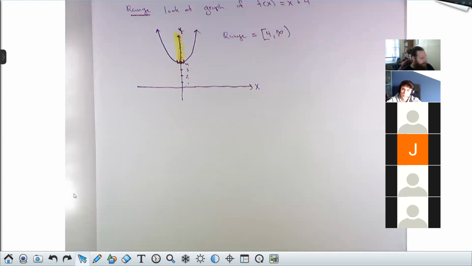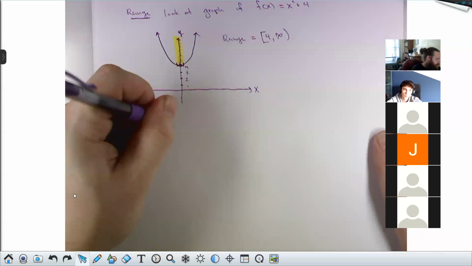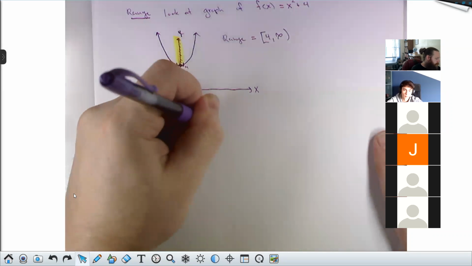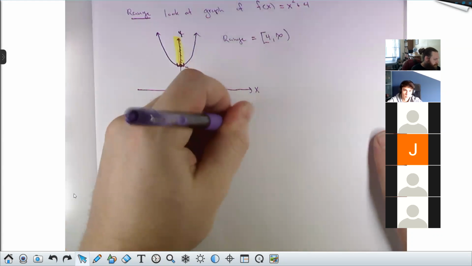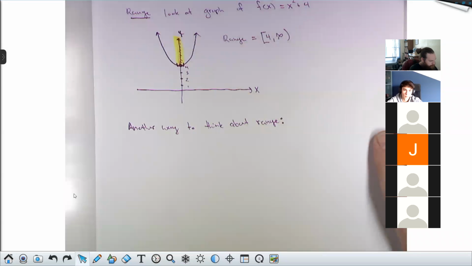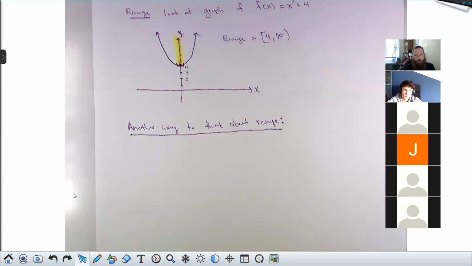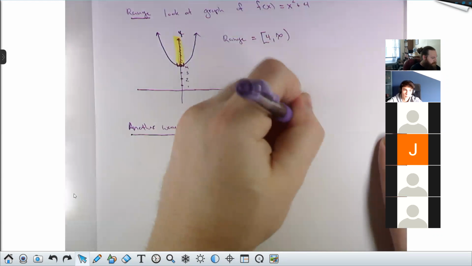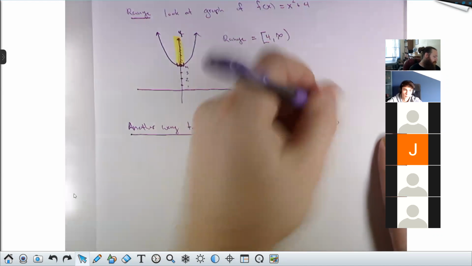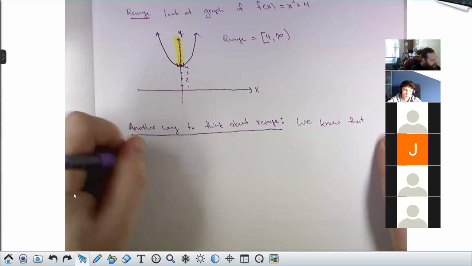Now there's another way to do this. Another way to think about the range. If you know a priori, if you know prior to our discussion today, we know that x squared is always greater than or equal to 0.